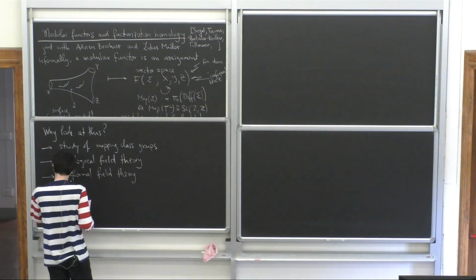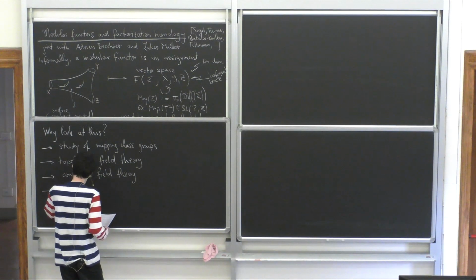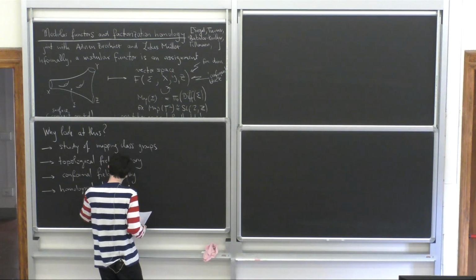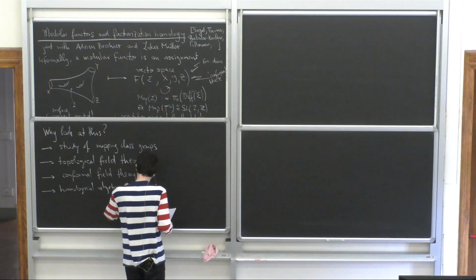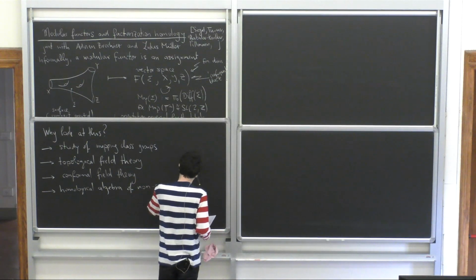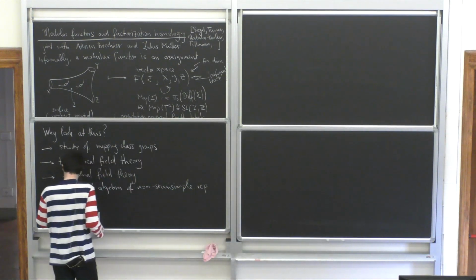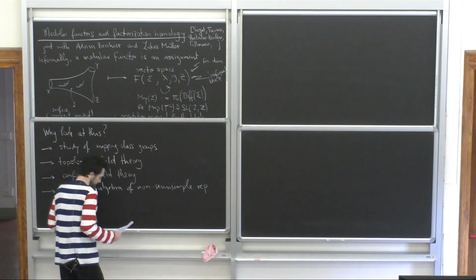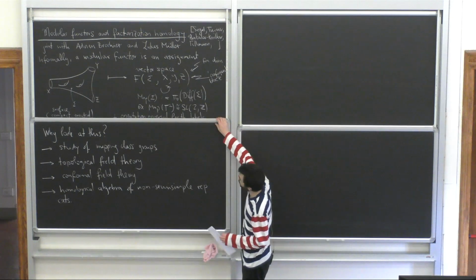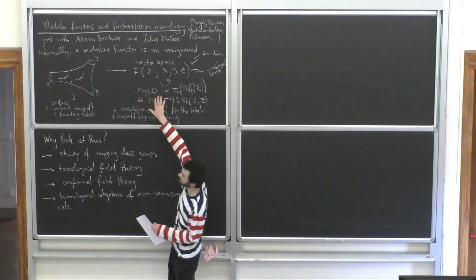And then another thing that I want to mention here is the homological algebra of non-semi-simple representation categories. And the idea is here that you can come up with homotopy coherent differential graded analogs of this, where you assign chain complexes to surfaces.